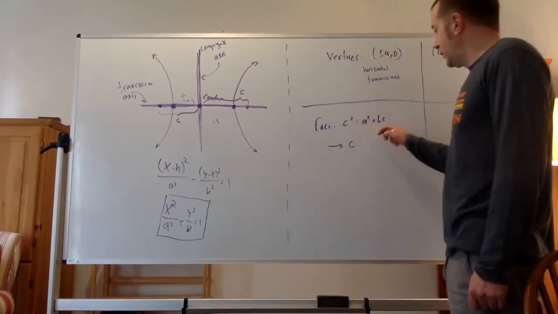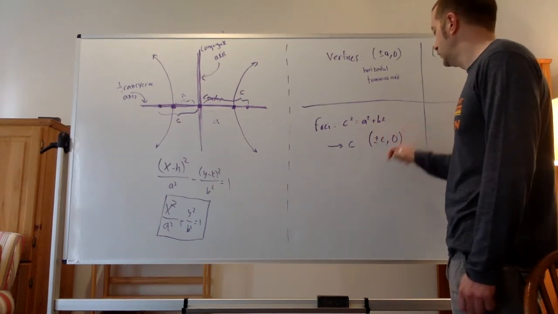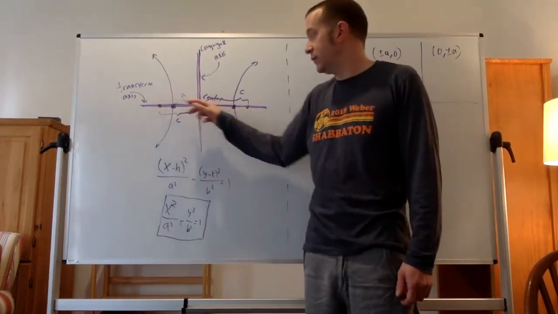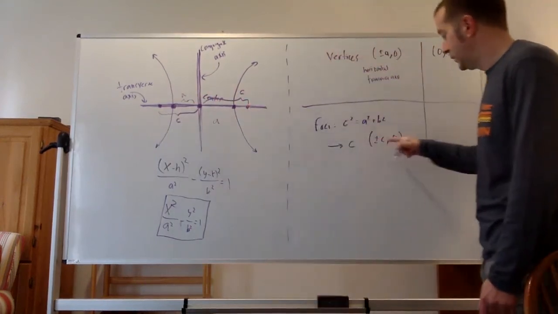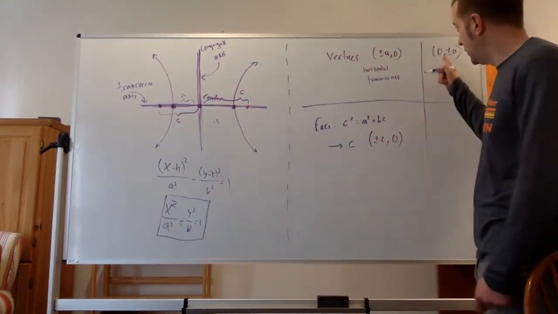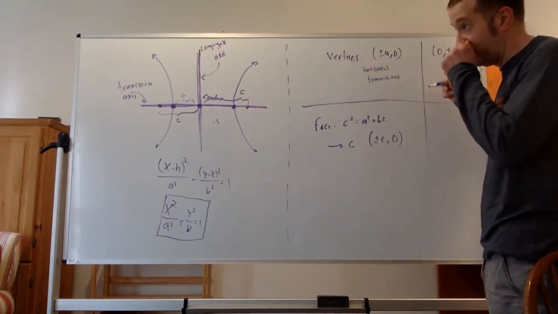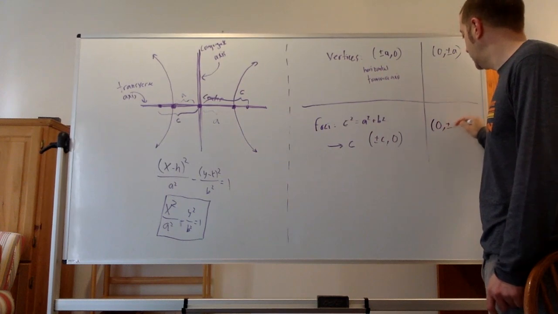And the coordinates of the foci are going to be plus or minus c comma 0, because I go c units to the left, that's negative c comma 0. C units to the right, that's positive c comma 0. That gives me these 2 points. And just like with the vertices, if the transverse axis of the hyperbola is vertical, you're going to have 0 comma plus or minus c.